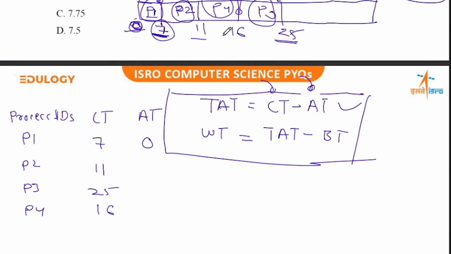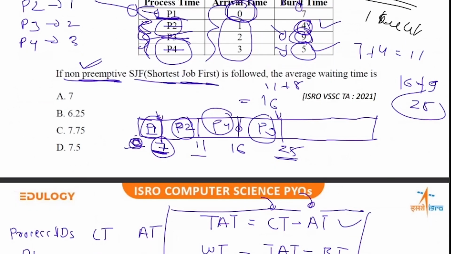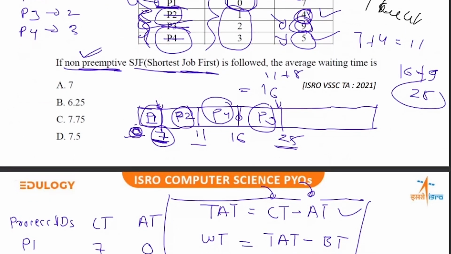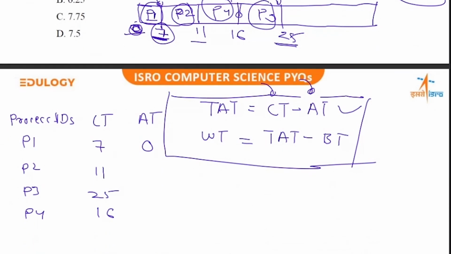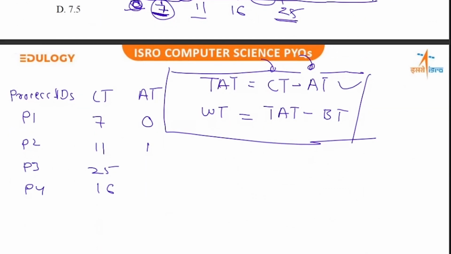P2 arrived at 1, P3 arrived at 2, and P4 arrived at 3.